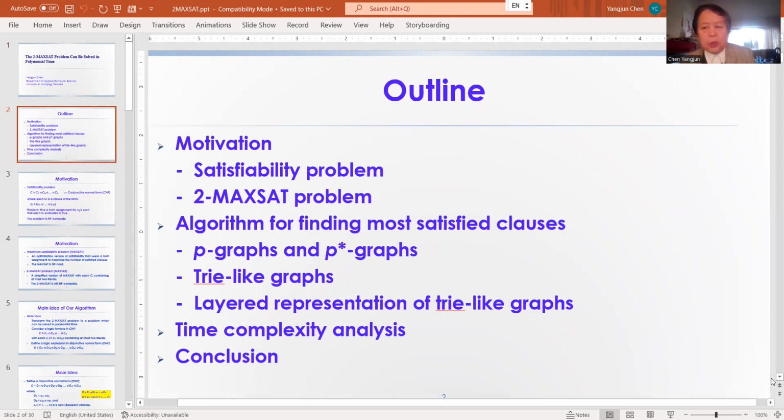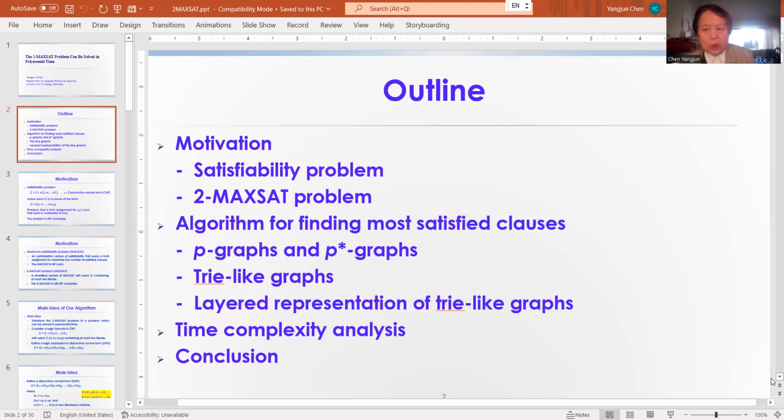For this, the following important and interesting concepts and techniques will be discussed in greater detail. They are P-graphs, P-star graphs, tri-leg graphs, then by searching a tri-leg graph bottom-up, we will generate its layout representation.